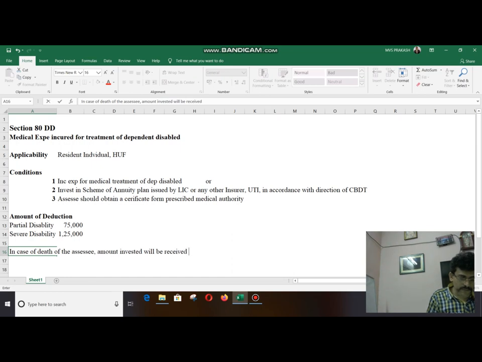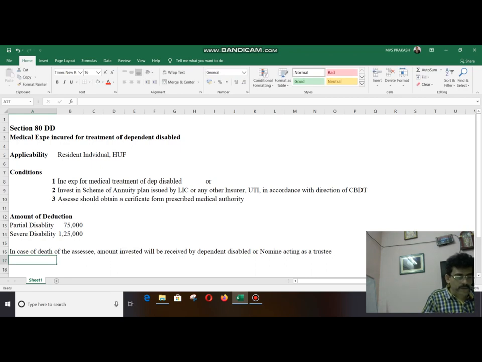It will be received by the dependent disabled or the nominee acting as a trustee for the dependent. Now, one thing we need to consider: who is a dependent?